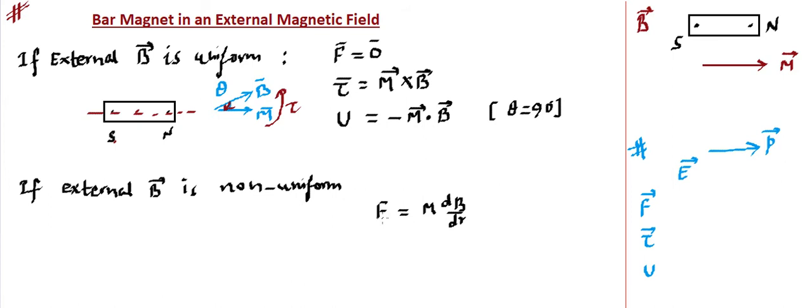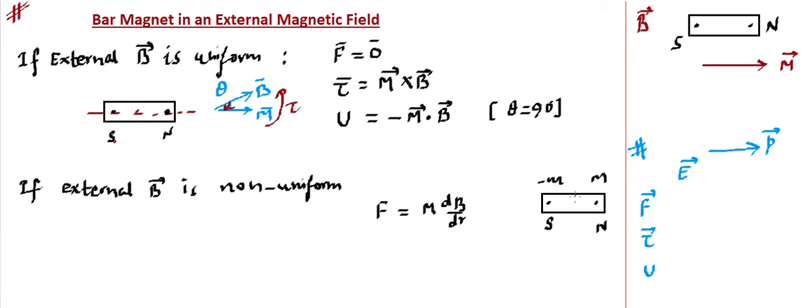From here we can get the magnitude, and the direction we can decide based on the direction of the field at those poles, because we know this pole is going to experience a force, and this pole is going to experience a force, and they are going to be different. If I draw the picture over here, you'll find the forces will be like this. If this is a north pole, the north pole will have magnetic charge m, and if this is a south pole, it will have magnetic charge minus m.